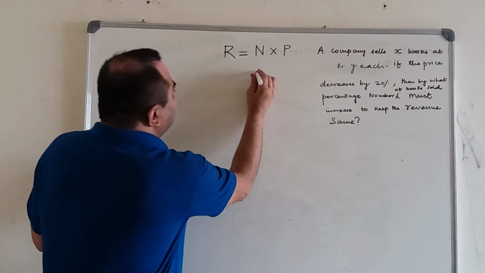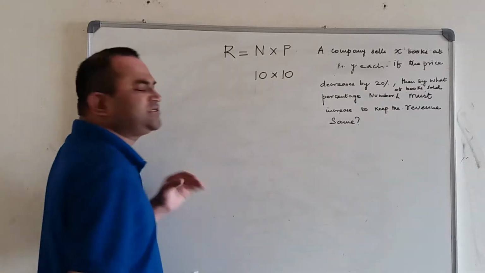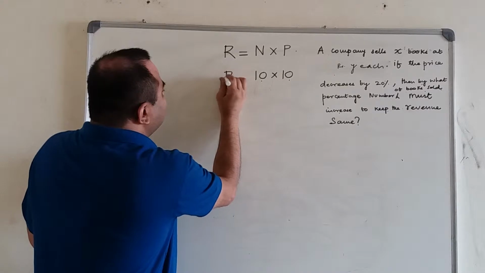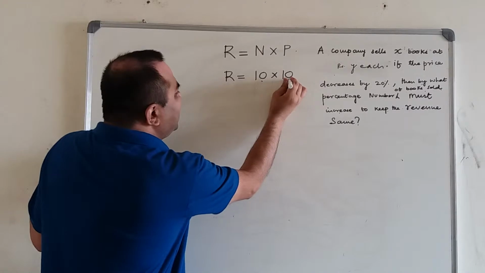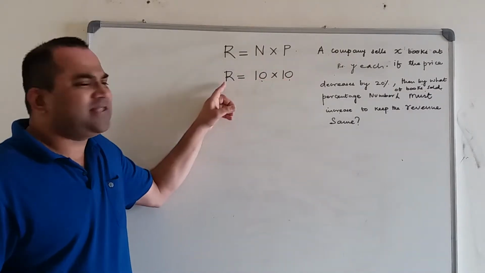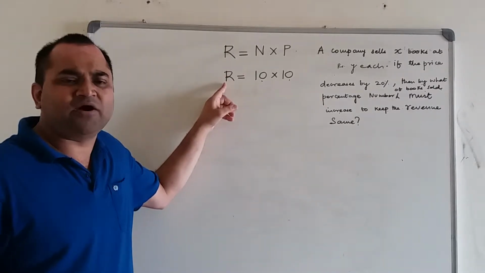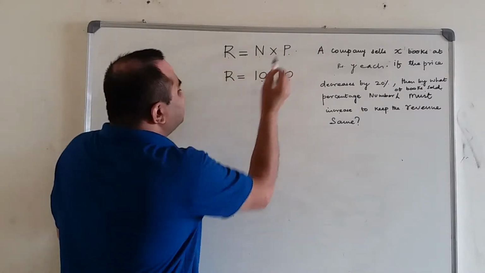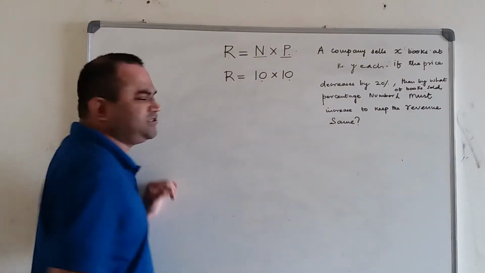For example, if 10 books are sold at 10 rupees each, then the revenue would be the product of the number of books sold and the price of each book. So 10 into 10 would be the revenue, or you can also call it income or sales, whatever the word may be. So revenue is a function of two factors. Revenue depends on the number of books sold and the price of each.